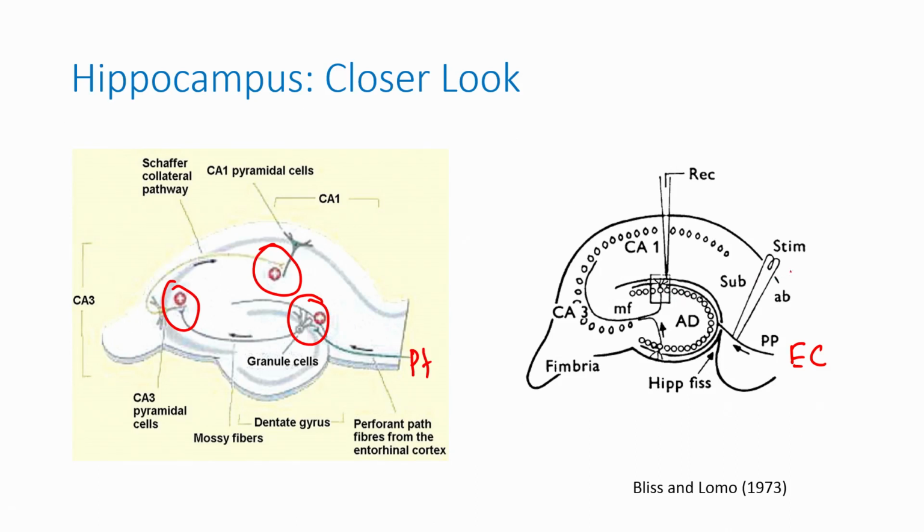Then Bliss and Lomo are going to send in what they thought could be a plasticity inducing stimulus. We will come to the exact details of the stimulus in a minute, and then they are going to measure the same.